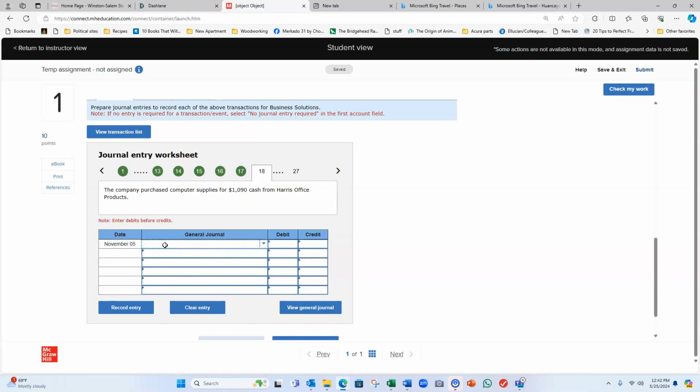The company purchased computer supplies for cash, so computer supplies, increase one asset, decrease another asset. Billed the Gomez company, so that's going to be receivables again.